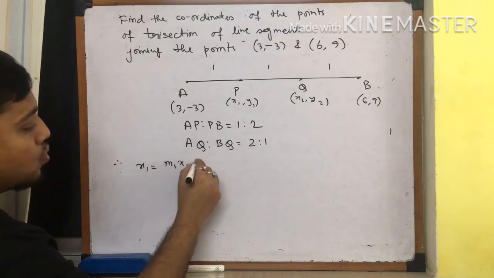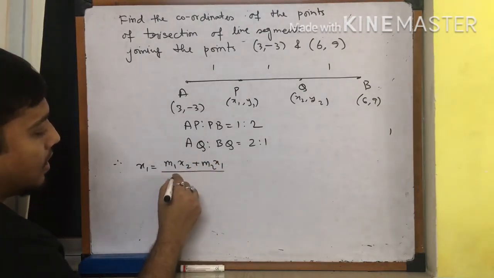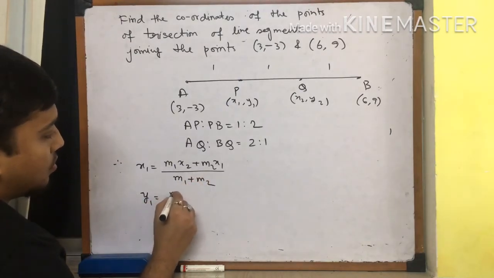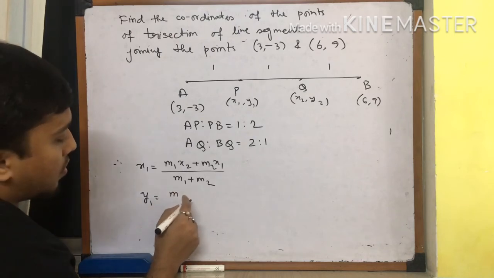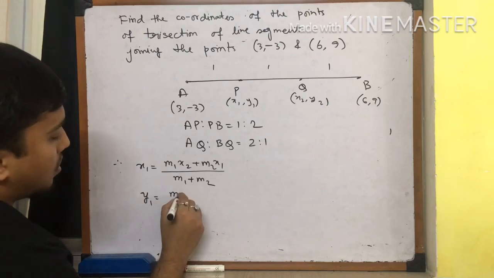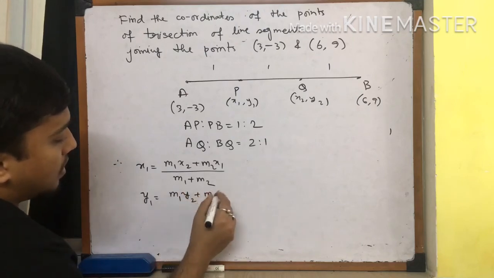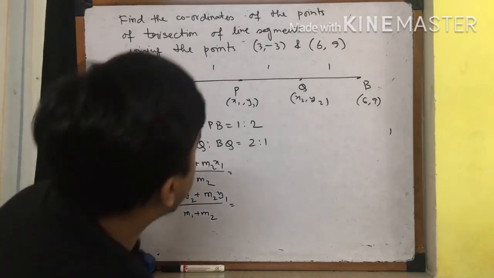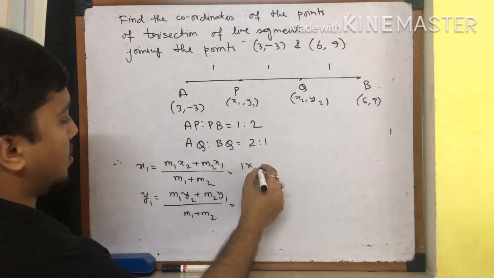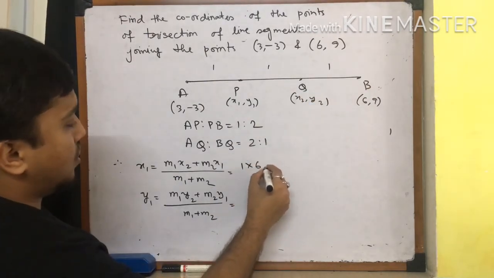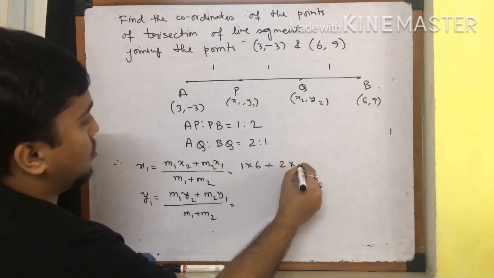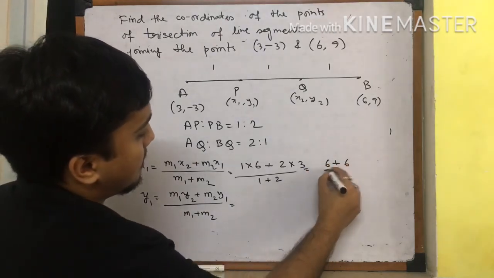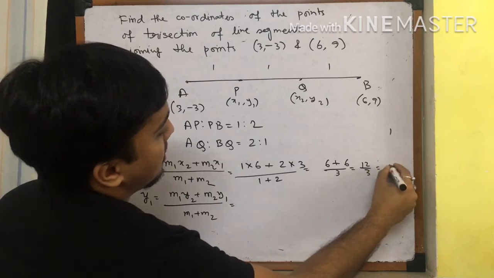Then x1 is equal to m1 x2 plus m2 x1 by m1 plus m2, and y1 is equal to m1 y2 plus m2 y1 by m1 plus m2. So x1 is 1 into 6 plus 2 into 3 by 1 plus 2, that is 6 plus 6 by 3, that means 12 by 3, that is 4.